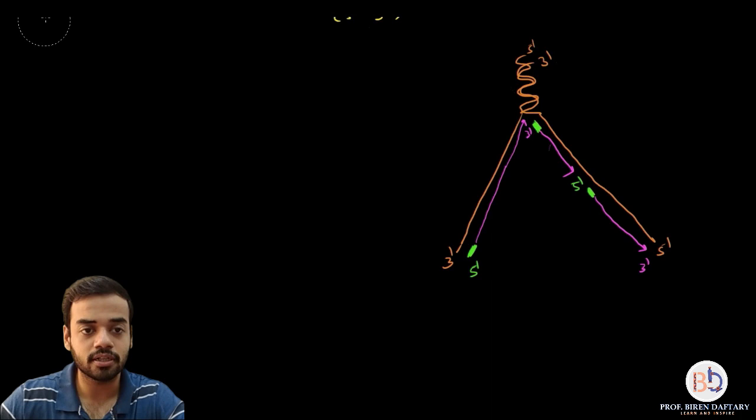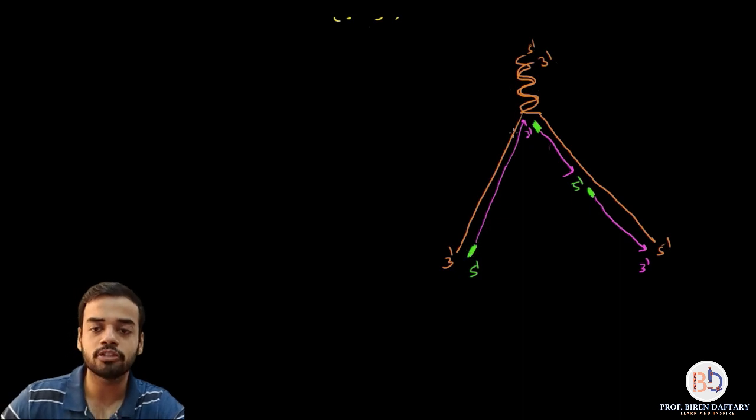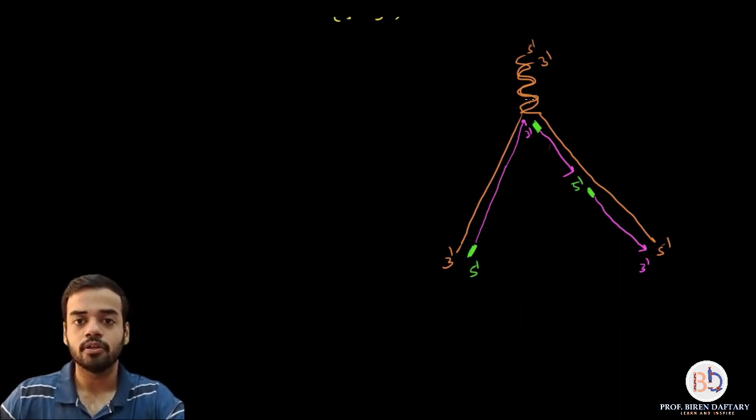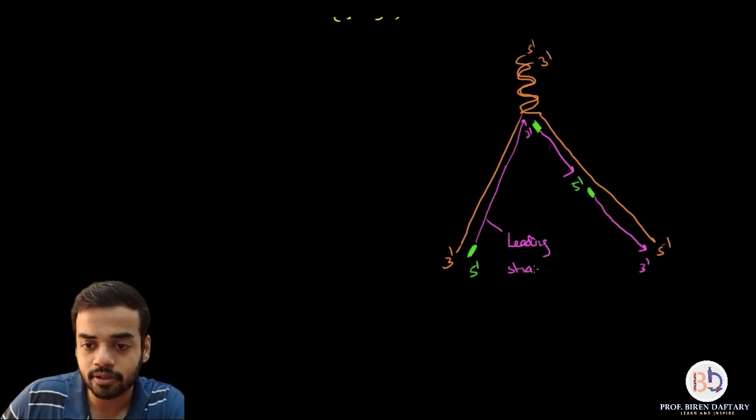Because over here the primer is in the perfect direction, so every time the DNA opens up, this is going to grow upwards continuously. So this strand which is growing continuously is called as the leading strand, please remember. Whereas this strand which is growing discontinuously, it is called as the lagging strand.